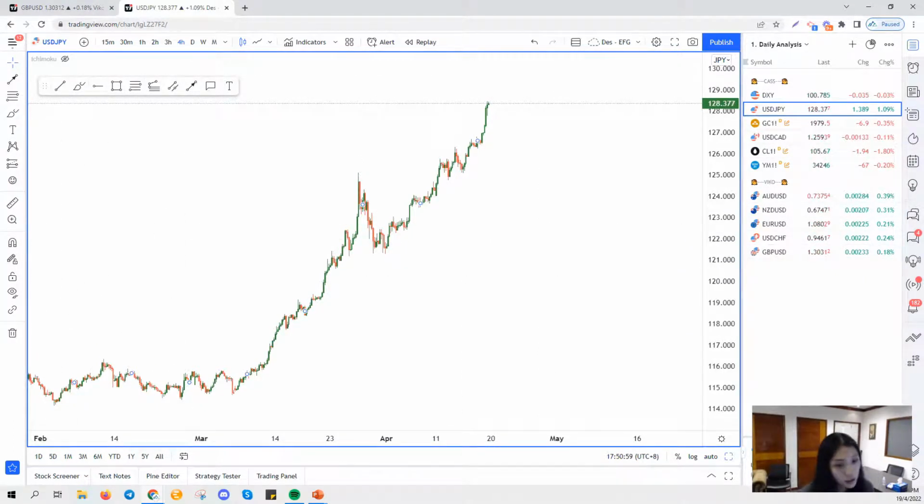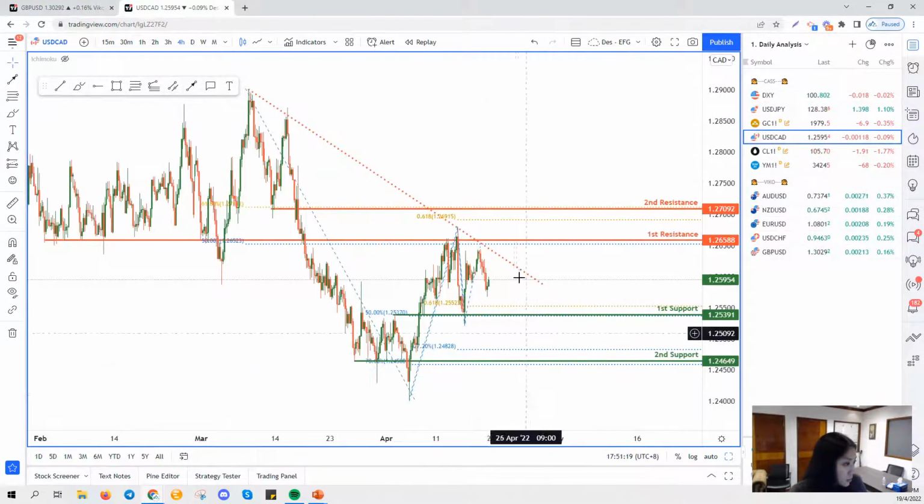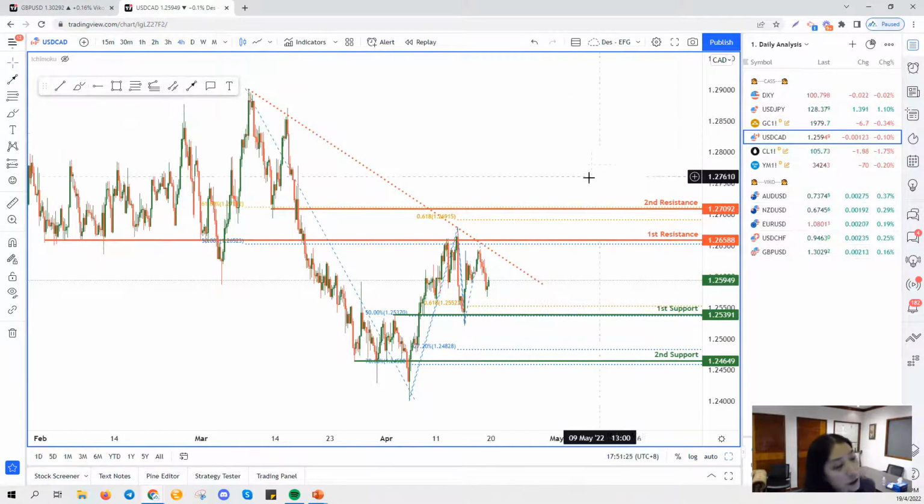Any charts that you want to see before we end the session? Any chart request? If not, maybe I can show you one last chart before we end it. Let's look at the dollar cat.